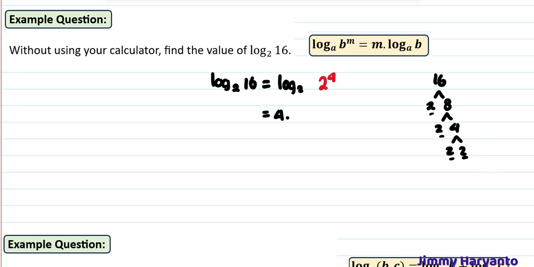You'll have 4 times log_2 2, and because log_2 2 becomes 1, the next step will be 4 times 1 equals 4. This is how you calculate logarithm without calculators. You will use the laws of logarithm.